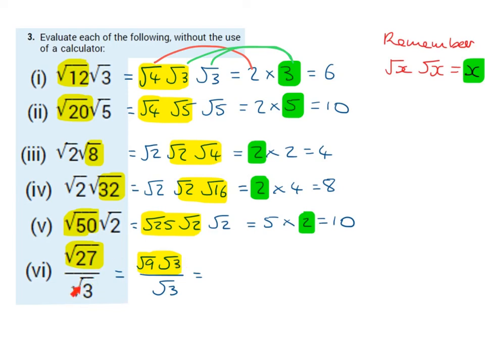And then our denominator root 3 just stays the same, cannot be factorised because it's a prime number. Then the square root of 9 gives us 3, and we still have root 3 over root 3, and they will cancel each other out. So technically we're left with 3 over 1, which gives us 3.